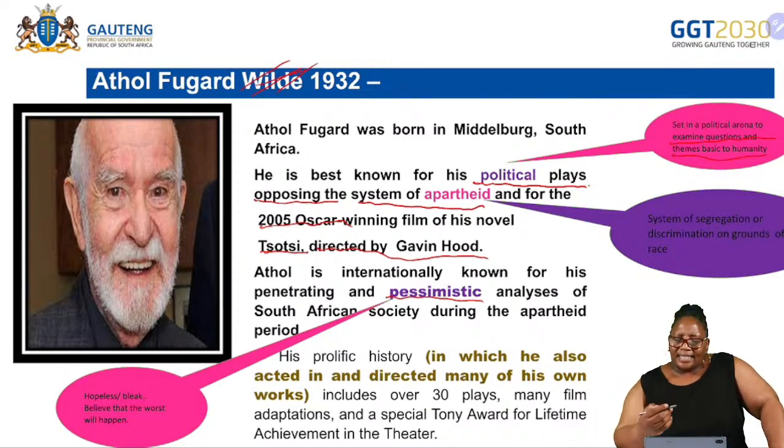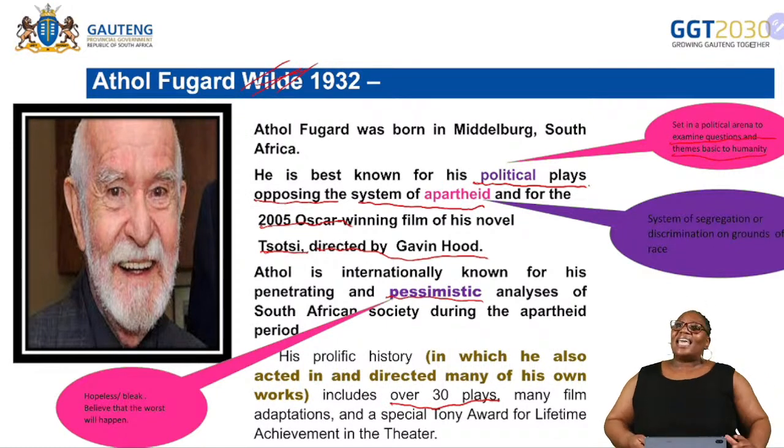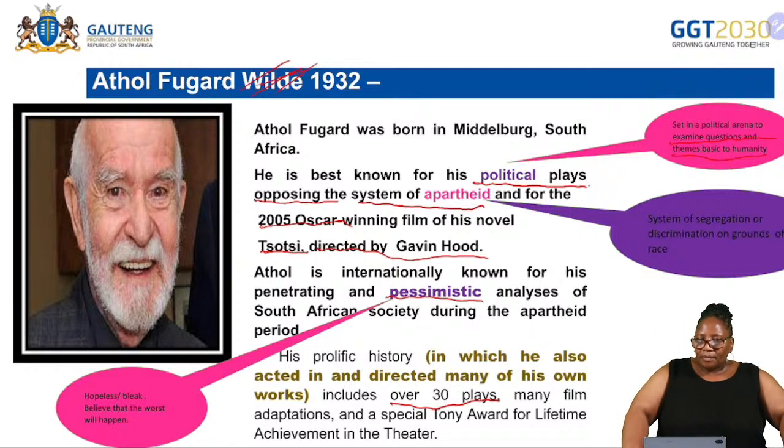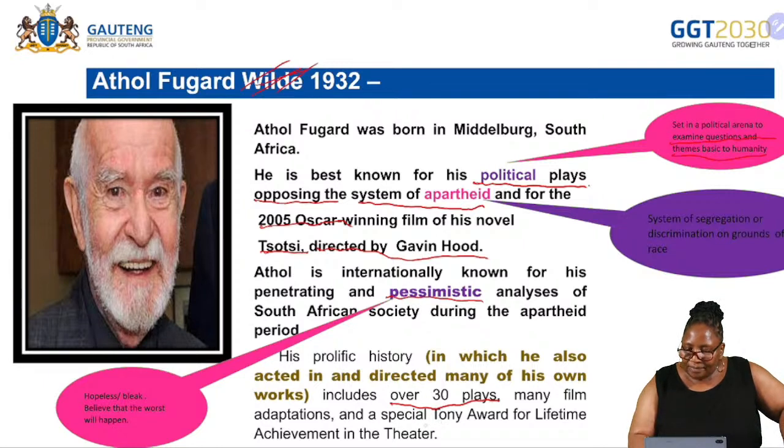He did not just write. He wrote over 30 plays, and he was an actor himself. He acted in some of the plays, and he was awarded a special Tony for lifetime achievement in the theater.